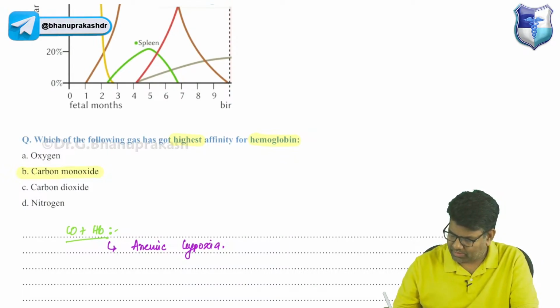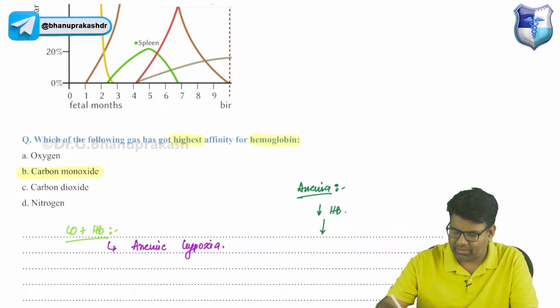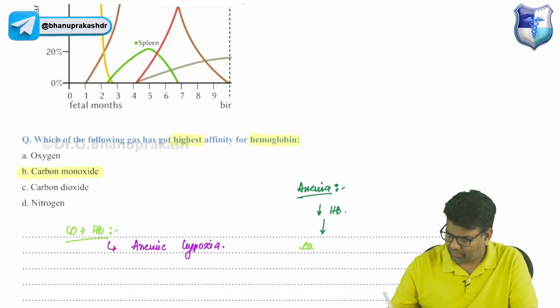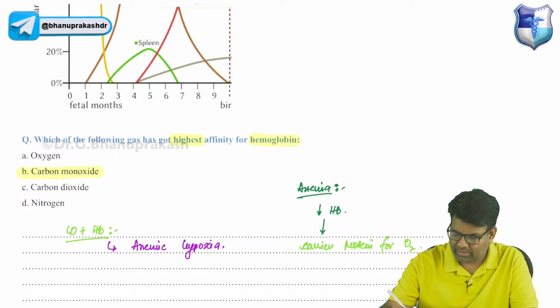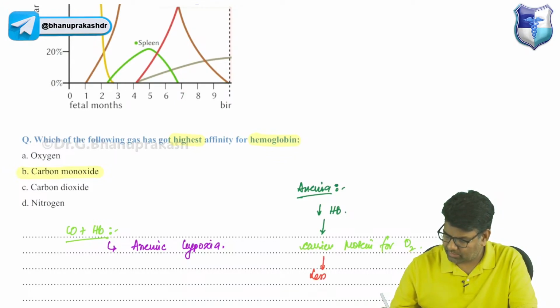Because what happens in anemic hypoxia, or even in anemia, usually in anemia there is a decrease in hemoglobin, and since hemoglobin is the carrier protein for oxygen, there is less oxygen content in the blood.